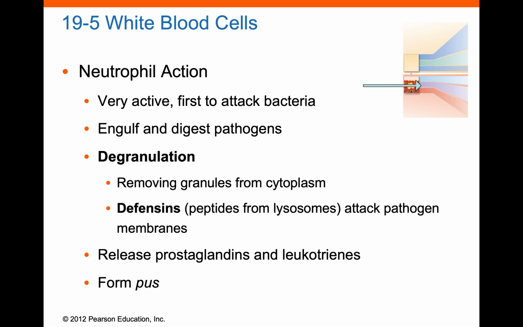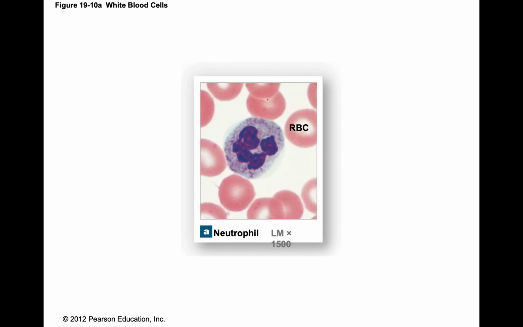If you have any kind of a boil or wart or something and the pus forms, that's neutrophil, because they will attack and engulf bacteria, destroy them, and then in the process they release this gunky material, that's pus. That's your neutrophil there.